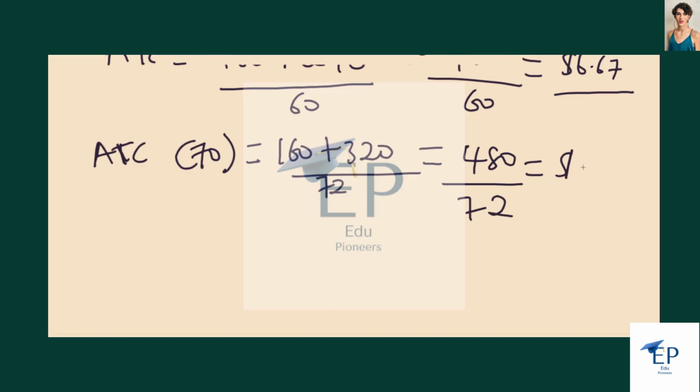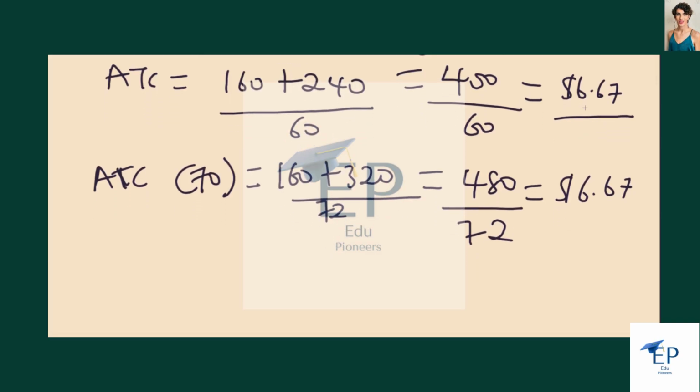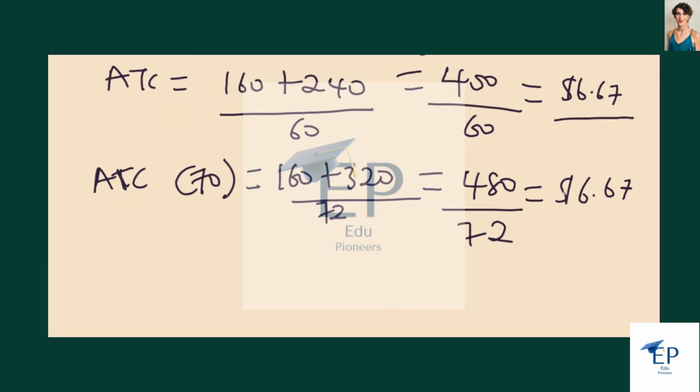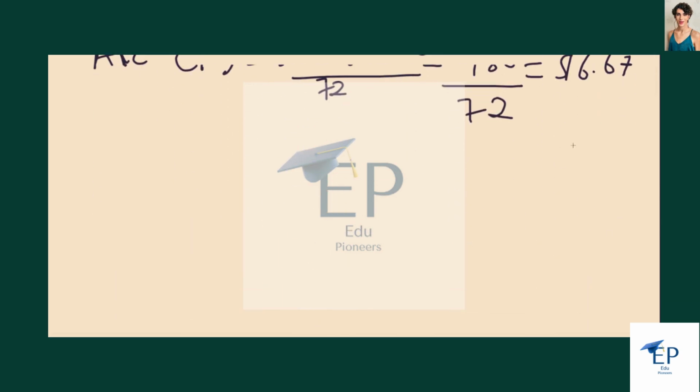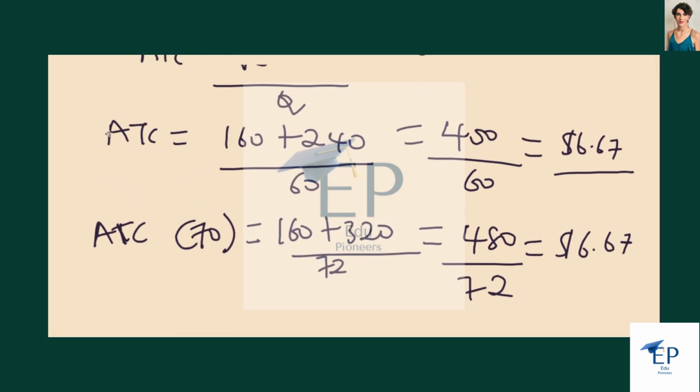And this is equal to 6.67. Yeah, and that's the average total cost for 72 haircuts.